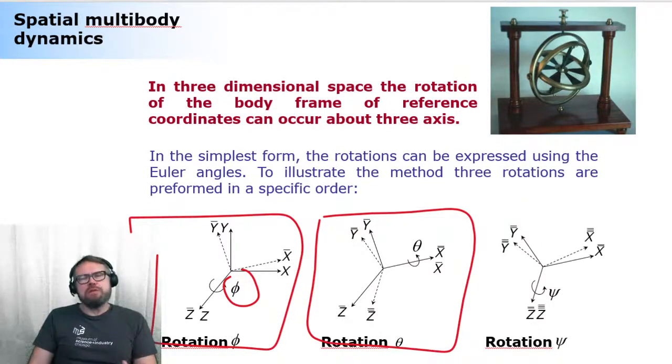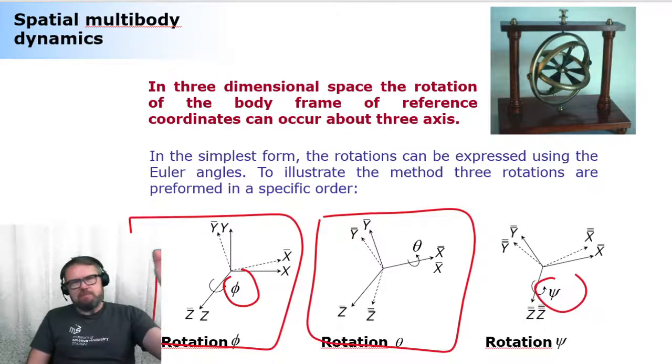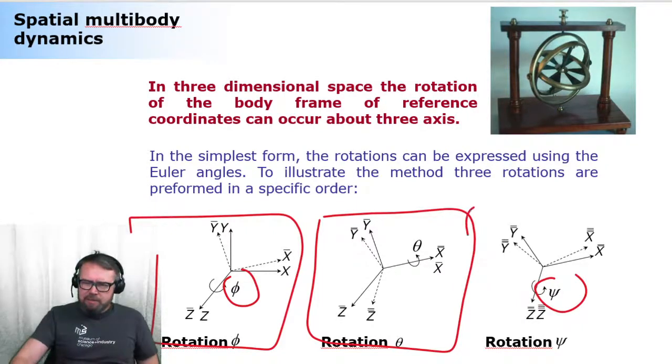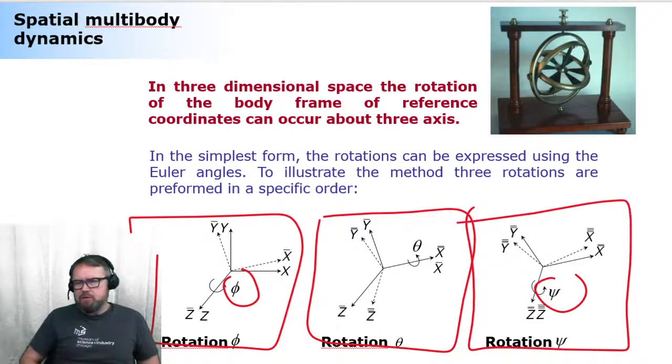And then one more rotation, you again take hold of the z coordinate axis. You rotate the twice rotated coordinate system about the z axis, and that rotation will be phi. You see this clearly from the picture. And this is going to be our third rotation, like shown here.